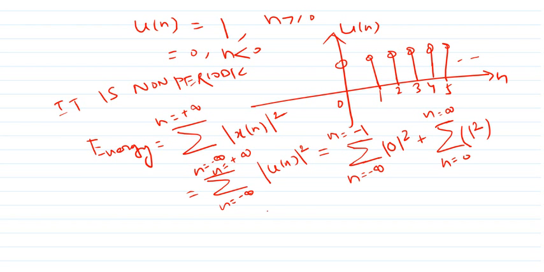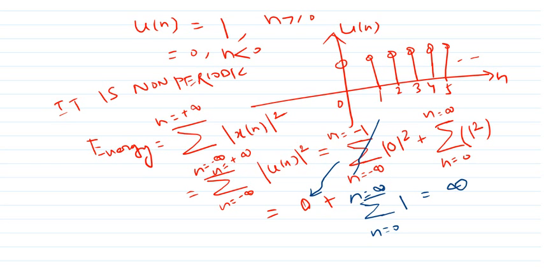So this summation will give us 0, and for the other summation, n equals 0 to infinity of 1, how many times are we going to add 1? We are going to add 1 infinite times. So basically the energy is infinity.